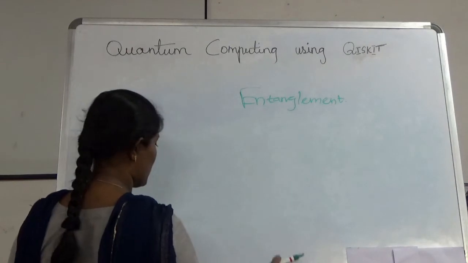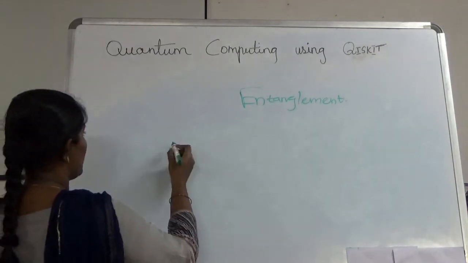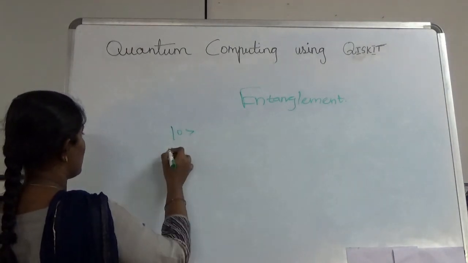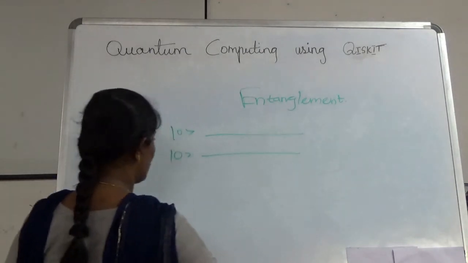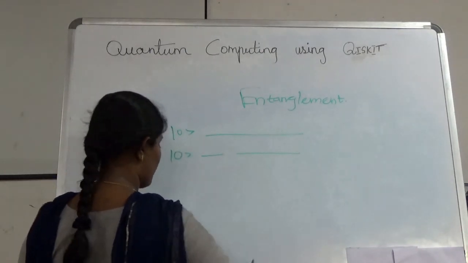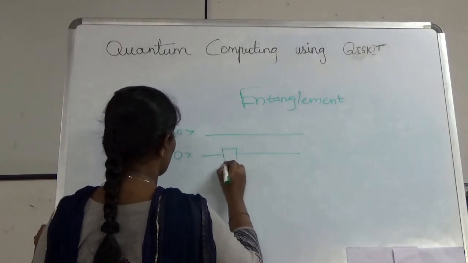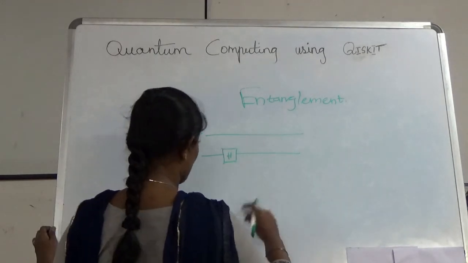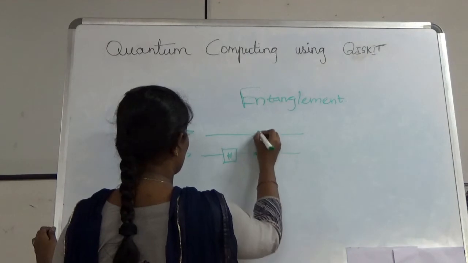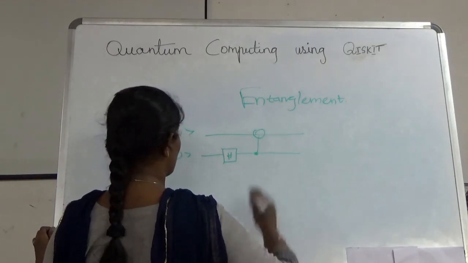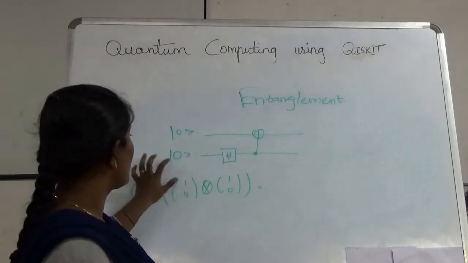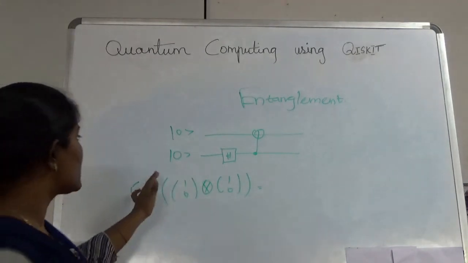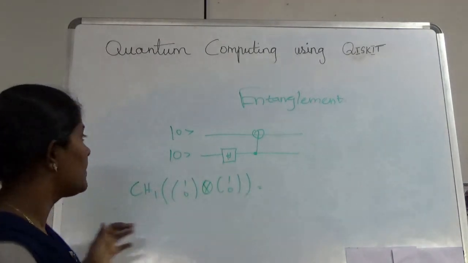The circuit for entanglement is here. The circuit will change the qubit to an entangled state.